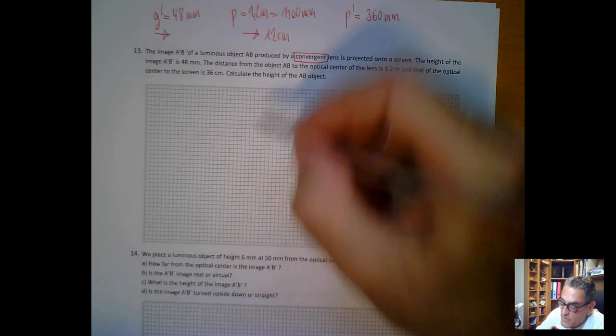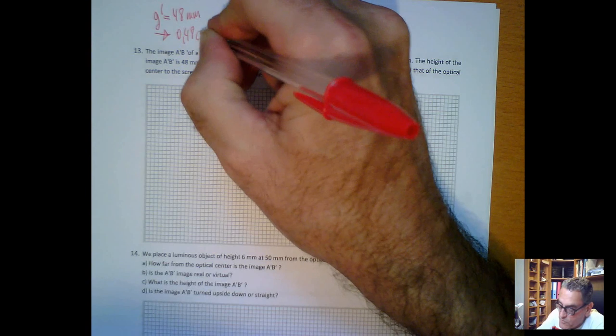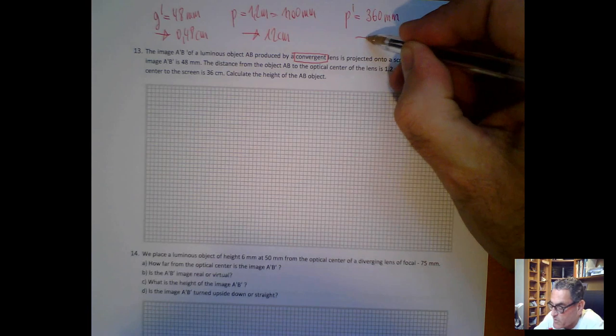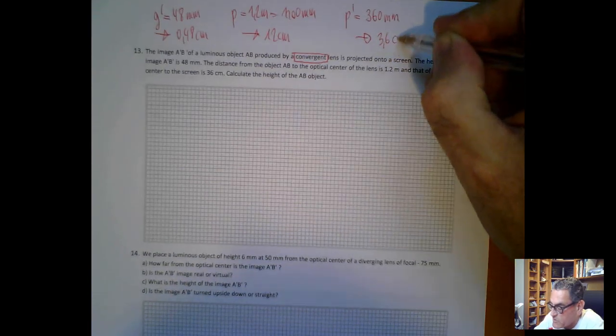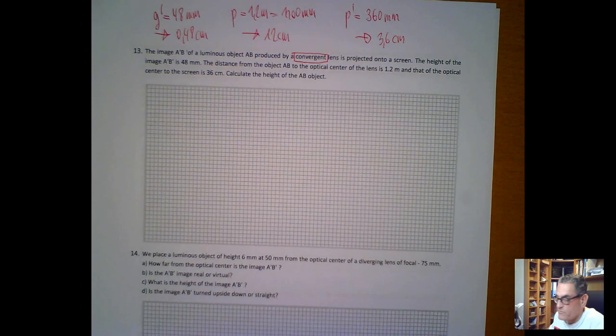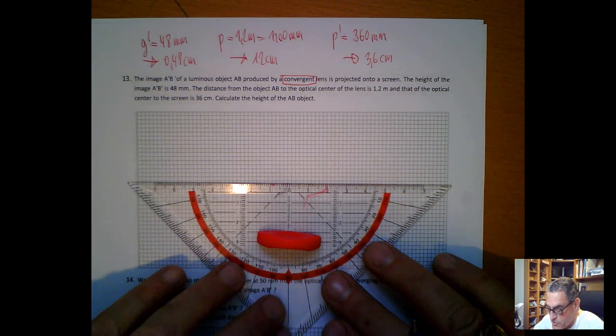This I divide by 10, so it's going to be 0.48 centimeters, 4.8 millimeters. And here, if I divide by 10, it's going to become 36 millimeters, so 3.6 centimeters, right? And I'm going to start pretty far on the left with my object.